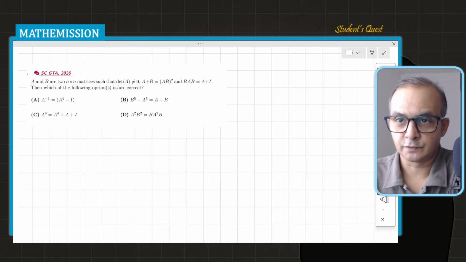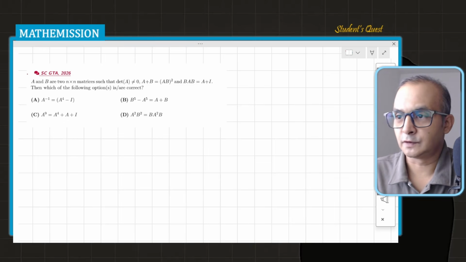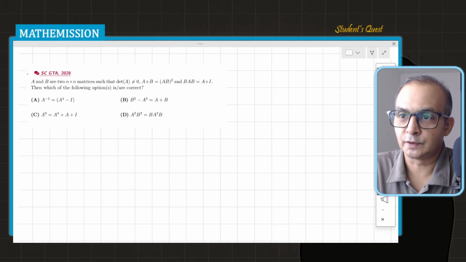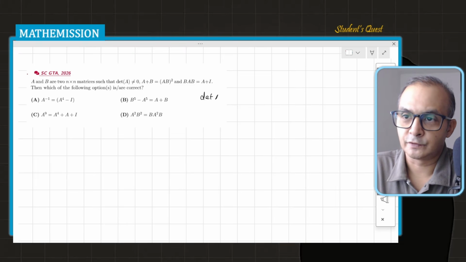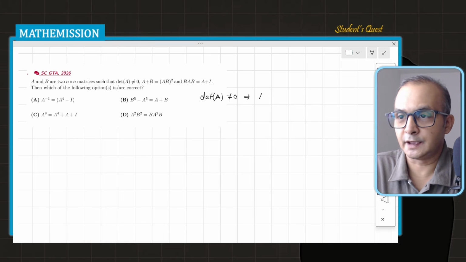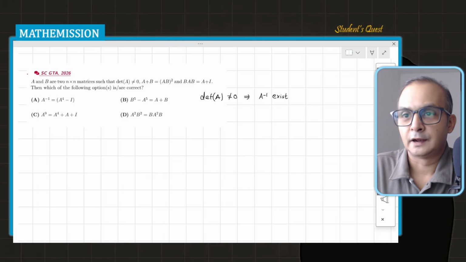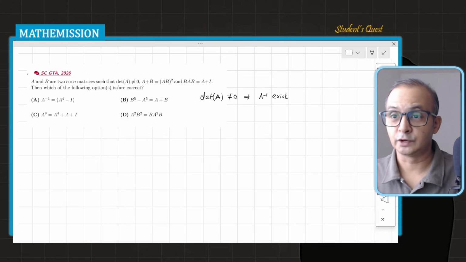So first of all, you see the information we have is this one. The determinant of A non-zero guarantees that the A inverse exists. And the other two pieces of information, we will use.